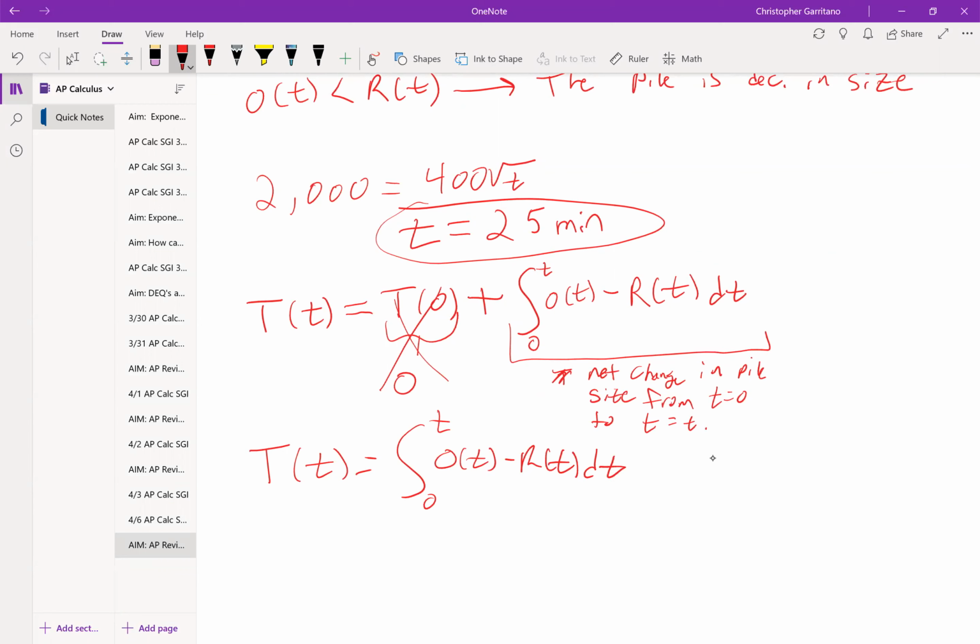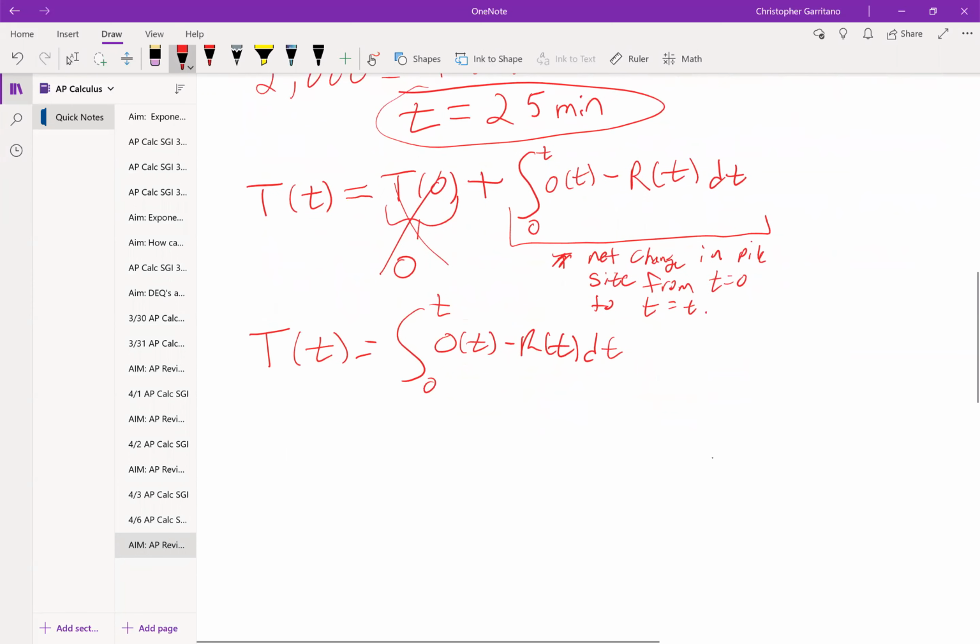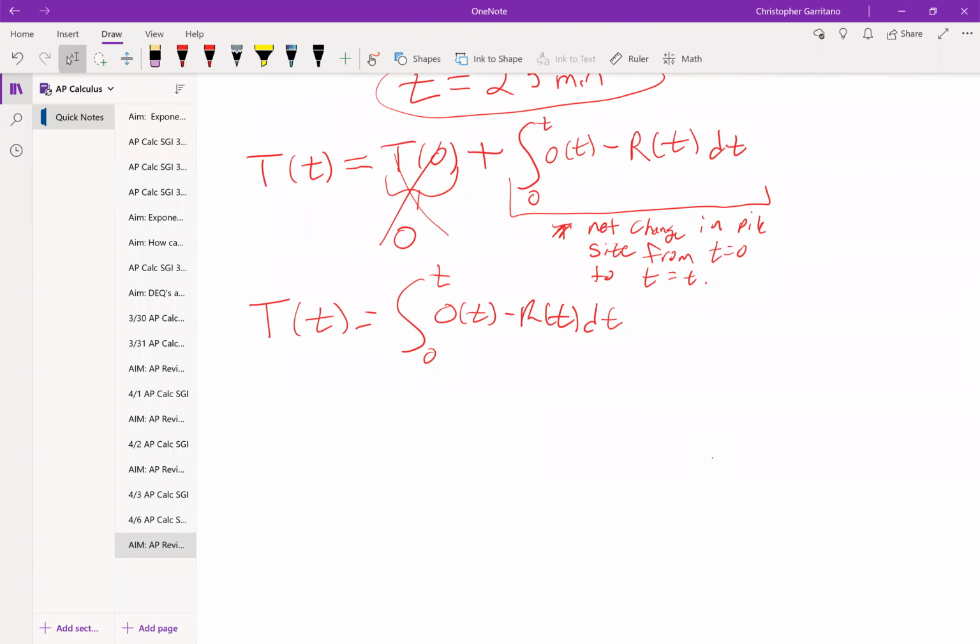Okay, and the question is, in general, how do we find the maximum value of a function? Well, we identify its candidates by differentiating. So the derivative of this function, if I differentiate an integral, the fundamental theorem of calculus part 2 tells me this is just going to be O of t minus R of t, right?